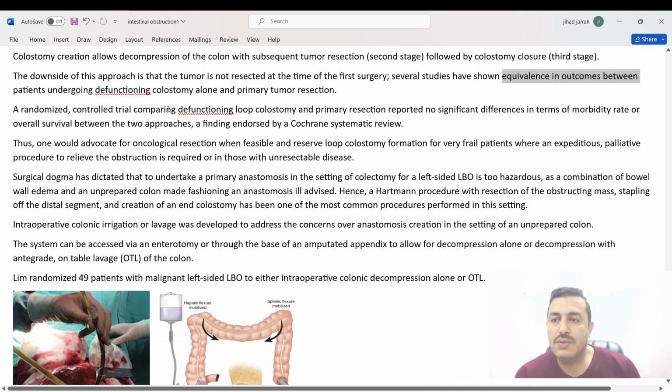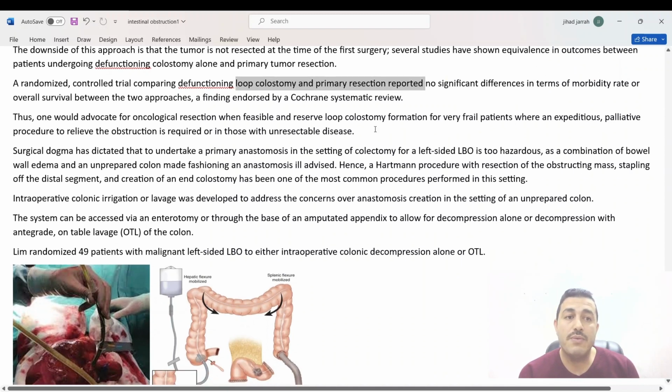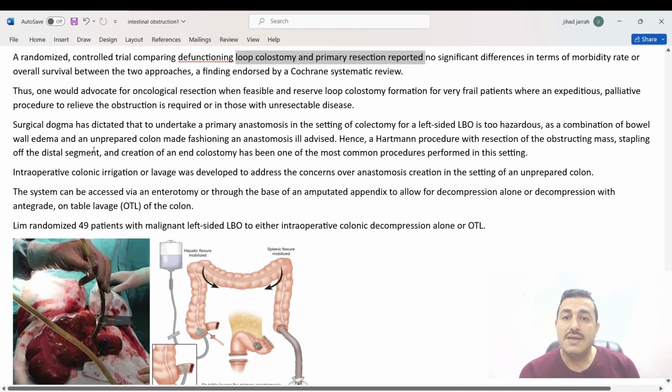This is an important question, by the way. We said loop colostomy with primary resection, no difference. We said no difference in the mortality, morbidity. Okay, what else we can add?